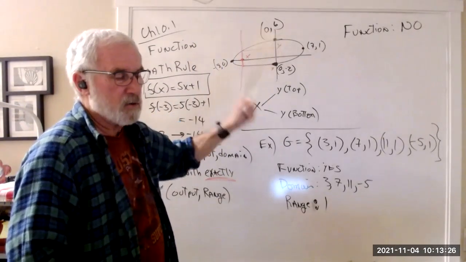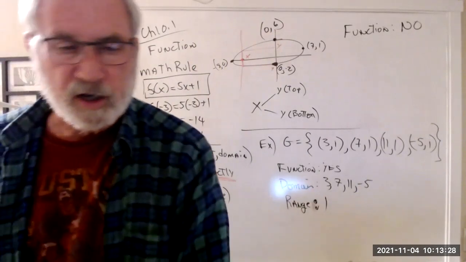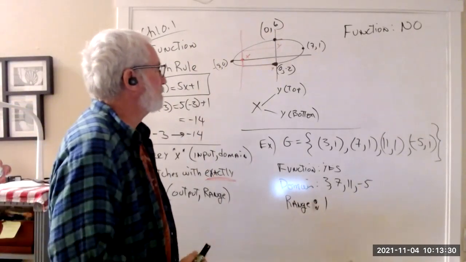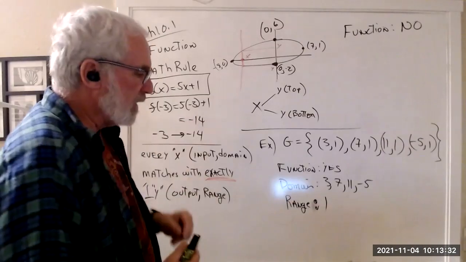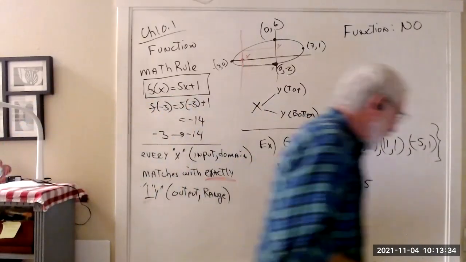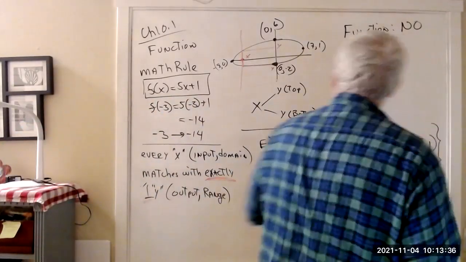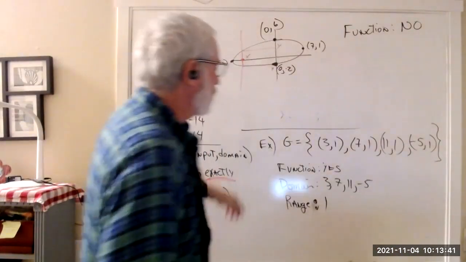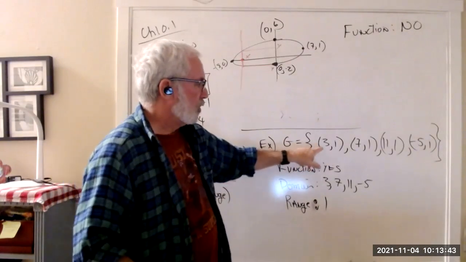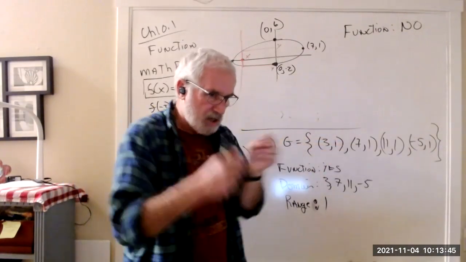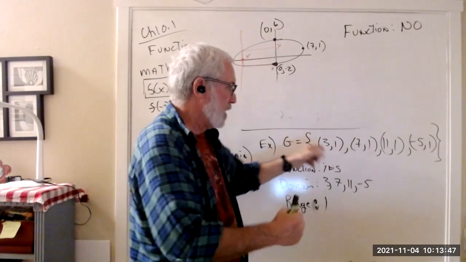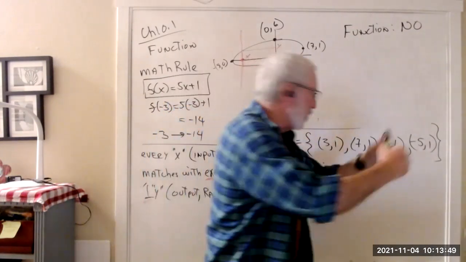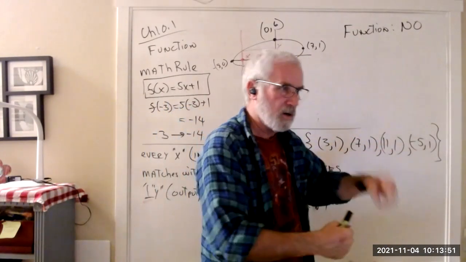Okay, so to determine if somebody is a function or not, you pass the vertical line test over it. That's not a function. Now, the domain and range on this is tricky, and we had trouble with this earlier in the semester. Notice, these were called discrete points, individual points, 3, 1, 7, 1, 11, 1.